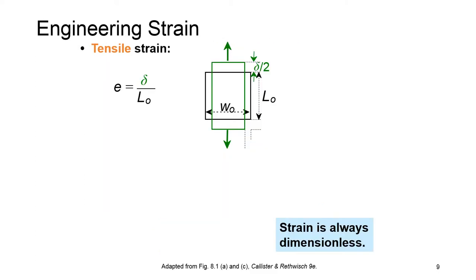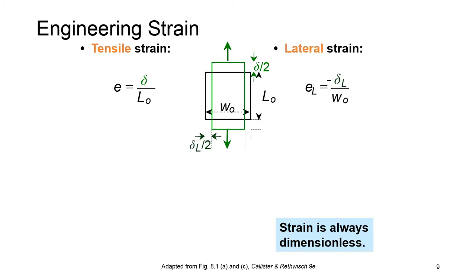The other term that needs to be defined when dealing with the mechanical properties of material is engineering strain. When material is under tensile load, of course we have an increase in its length, so the change in the length divided by the initial length is called tensile strain. It is, of course, because this is in meter or centimeter, and the same for the dimension of the size of the bar, so strain is always dimensionless.